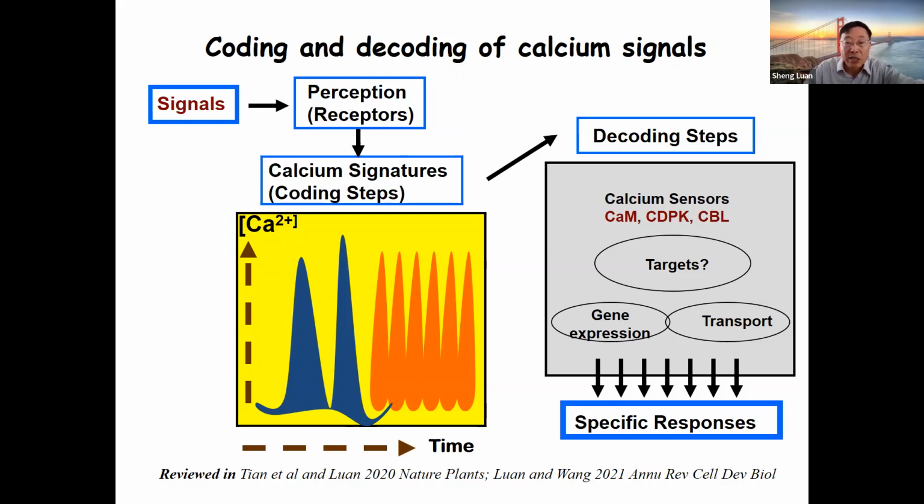Okay, so this in a nutshell summarizes how calcium-dependent signaling works, not only in plants, but also in other eukaryotic systems, right? How specific signals get channeled through coding and decoding of a calcium signal into a specific response.